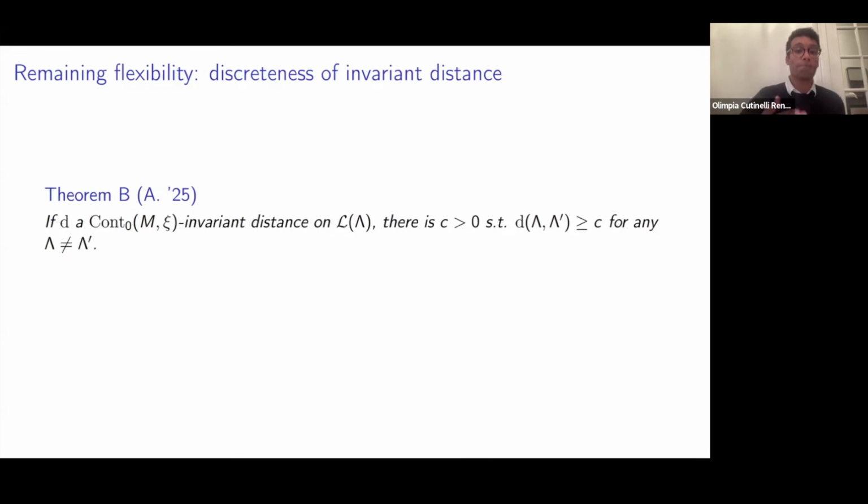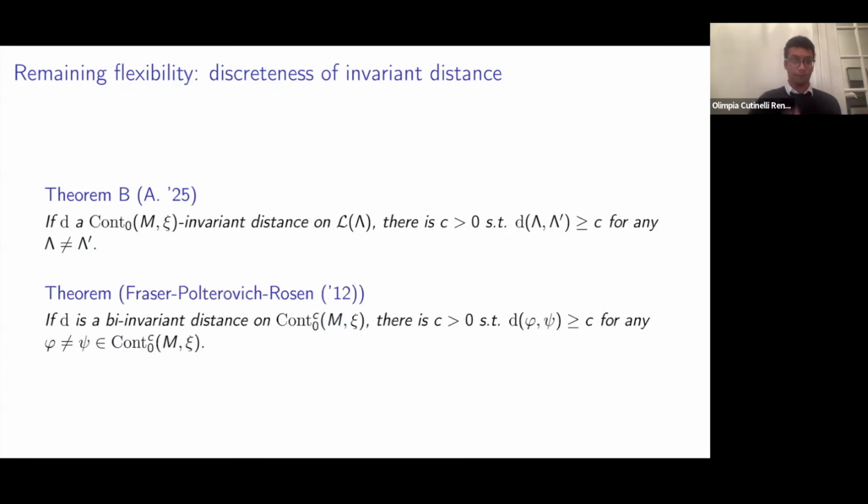So more precisely, if you have an invariant distance on the Legendrian isotopy class of a fixed Legendrian lambda, then there exists a positive constant C such that the distance between lambda and lambda prime is greater than C for any lambda different from lambda prime. I have a similar statement for universal covers, but it's a bit harder to state, so I just state the one for the Legendrian isotopy class.